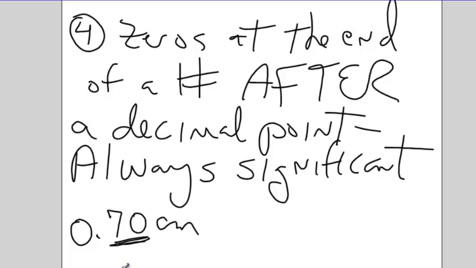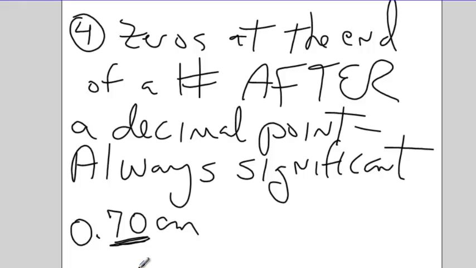Now you say to me, wait, that doesn't make sense because that 0 isn't very important mathematically. If I plug that number into my calculator, 0.70, the calculator would drop that 0 right off. It's not an important number at all. Absolutely right. Mathematically, it's not important. But it is significant.